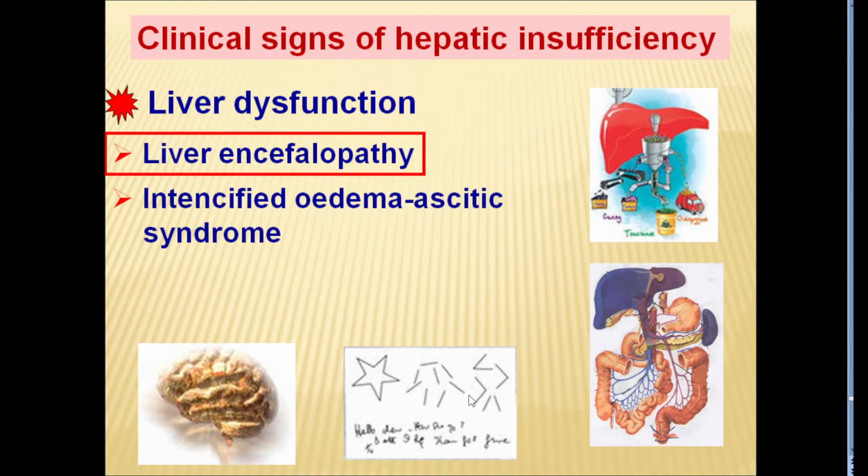Another sign of liver insufficiency is progressive edema and ascitic syndrome, because we remember the liver takes an active part in protein metabolism, first of all through synthesis of albumin, which is needed for control of oncotic pressure.